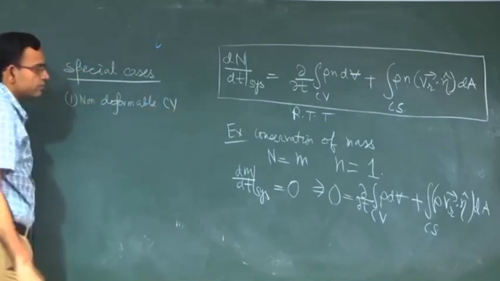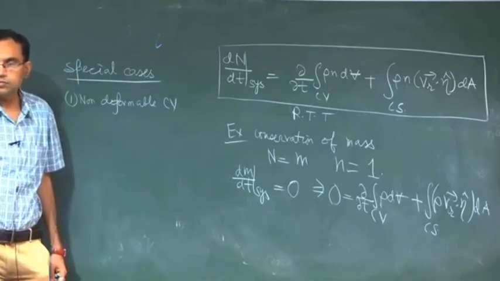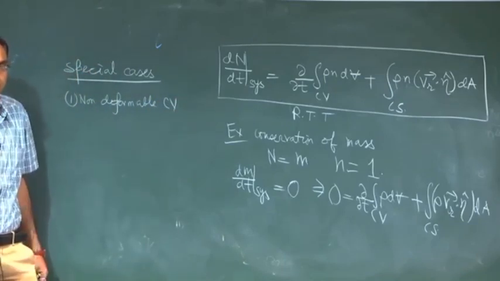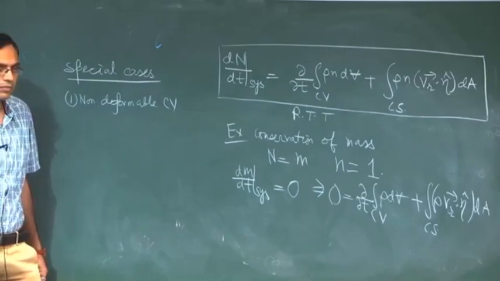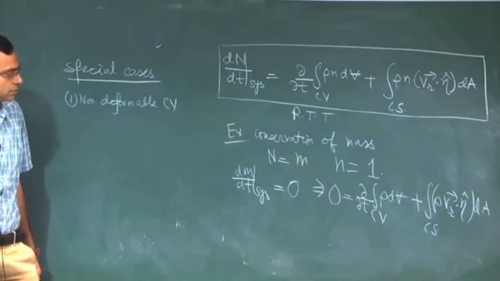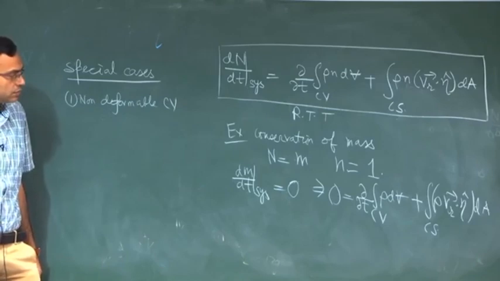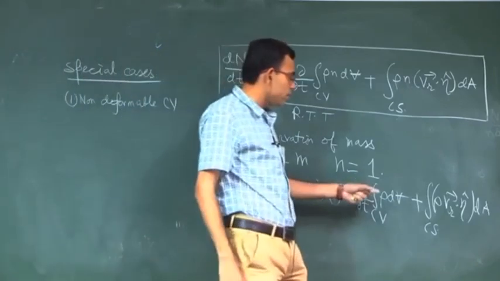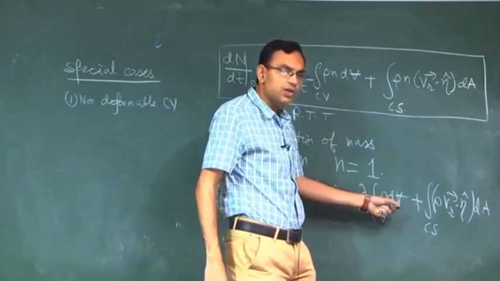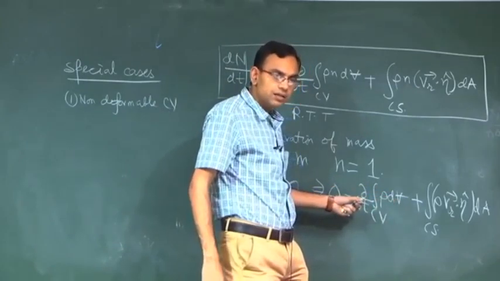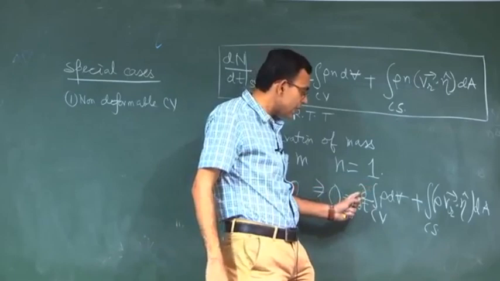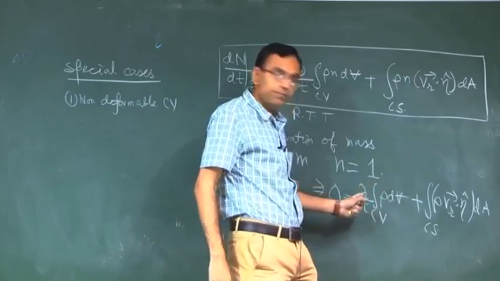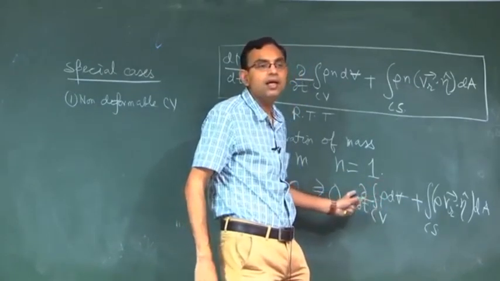Non-deformable control volume. If it is a non-deformable control volume, then this V is not a function of t, and in that case we can, by our wish, bring this derivative in and out.